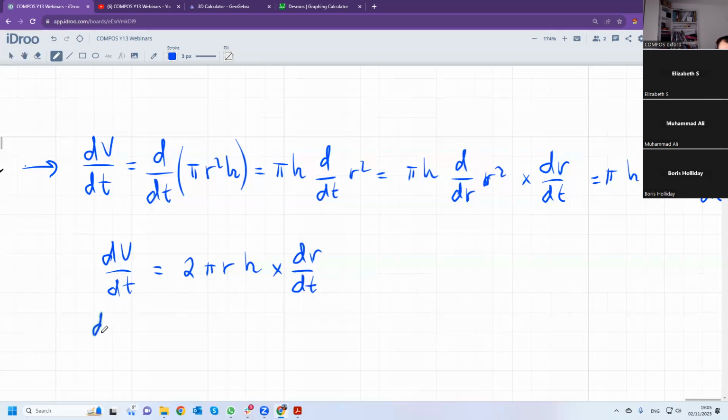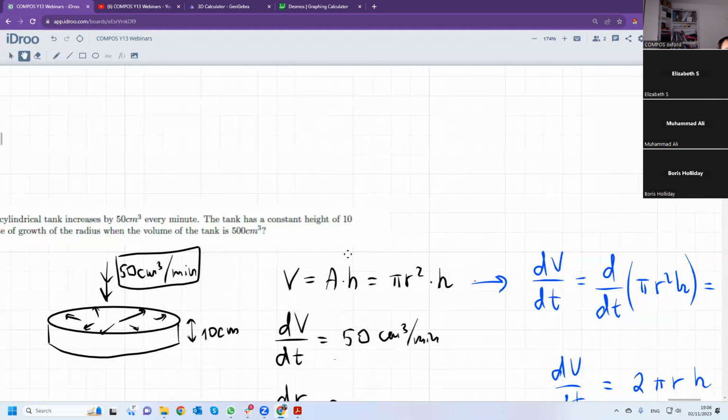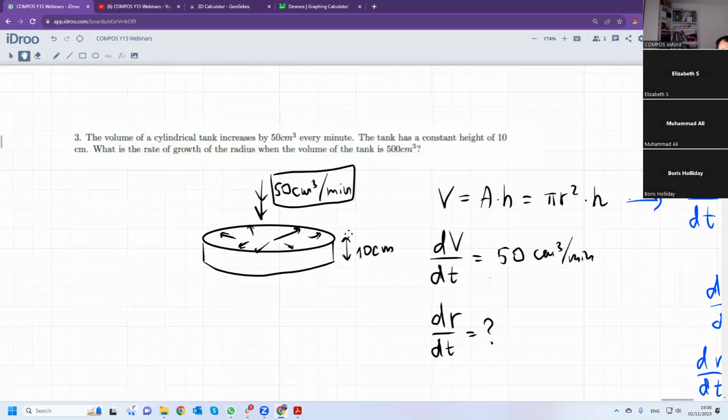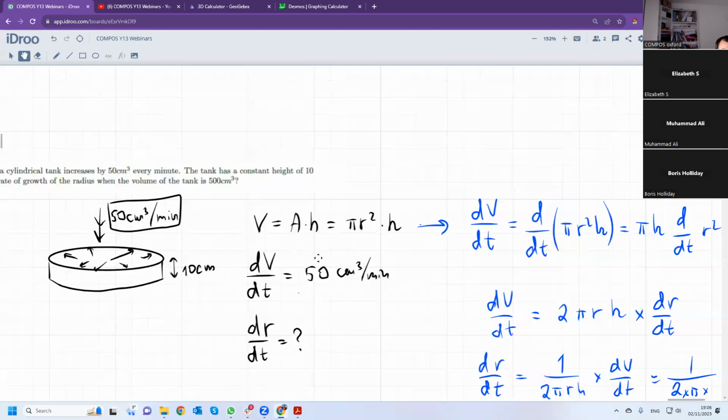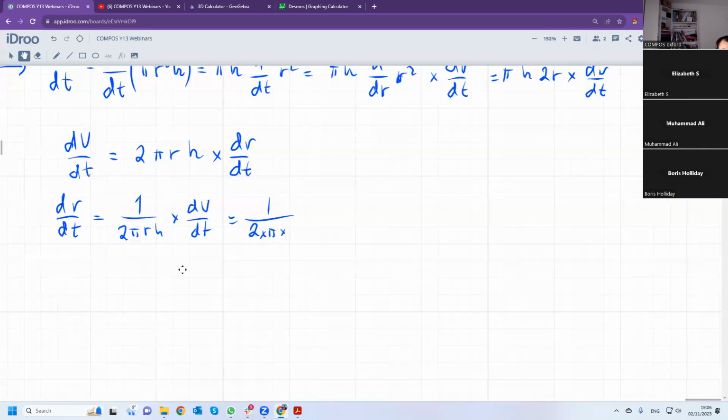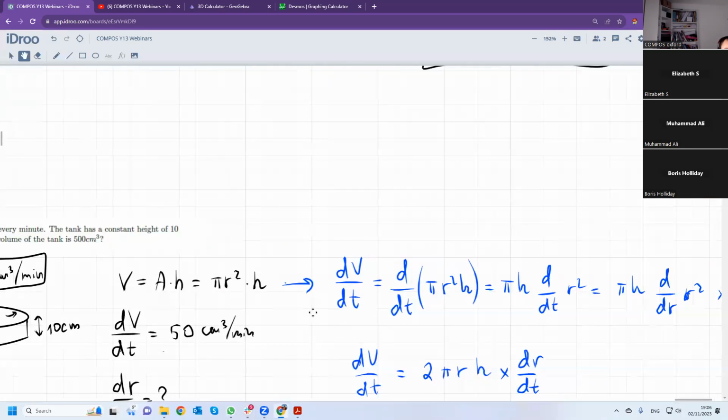And we need dr/dt. So dr/dt is equal to 1 over 2 pi r h multiplied by dV/dt. And we know everything. We know that 1 divided by 2 times pi times r. Oh, we need r. So what is r?